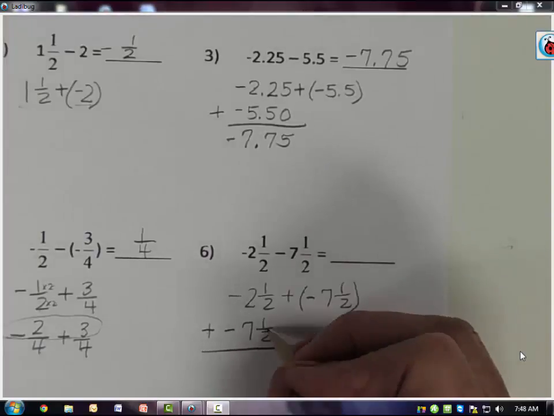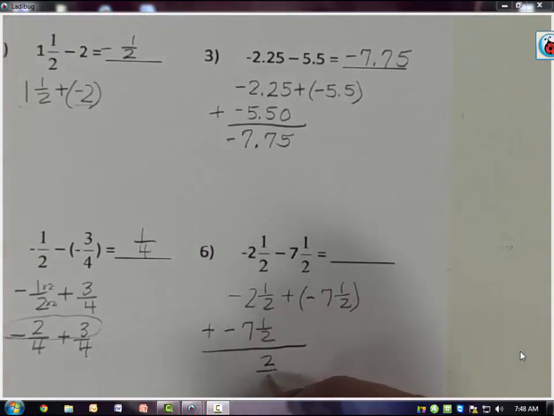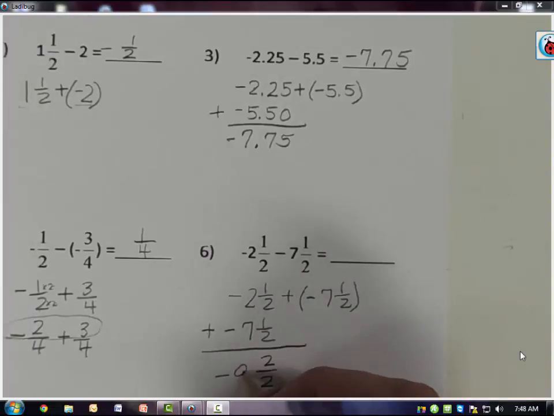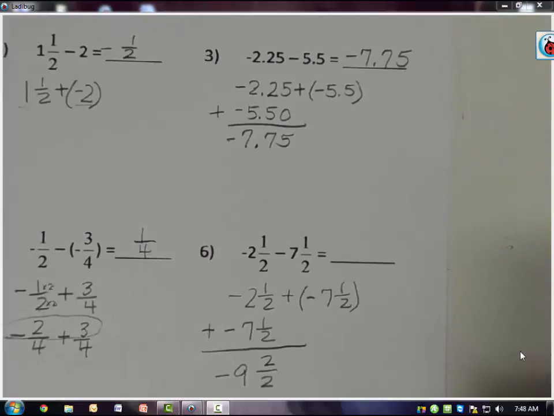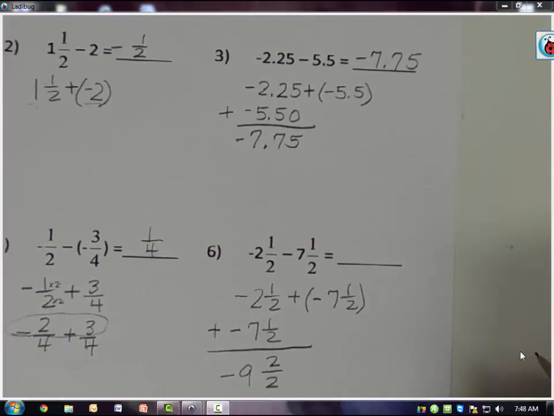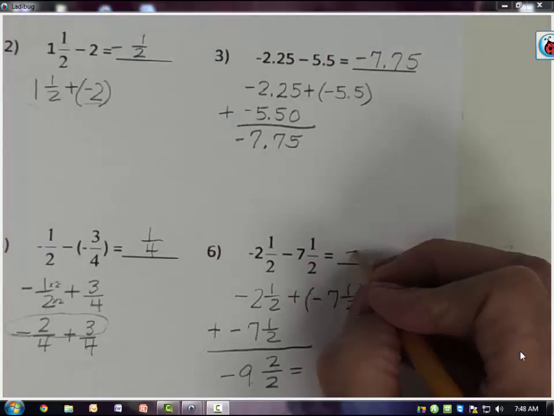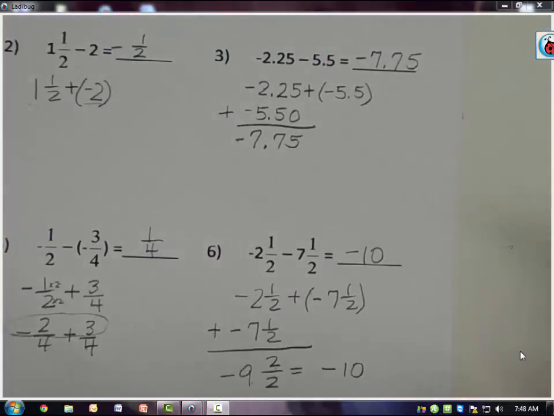Negative 2 plus negative 7 is negative 9. And as you know, 2 halves is 1 whole. So we're going to add on 1 whole to the negative 9 to make it negative 10 for our final answer. You could also think about if you owe one friend $2.50 and another friend $7.50, then you're out $10. So you can think about it with money. That makes it easier sometimes.